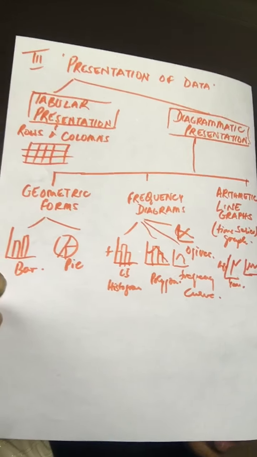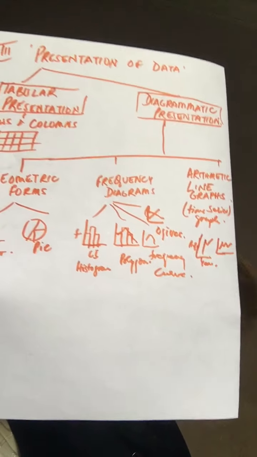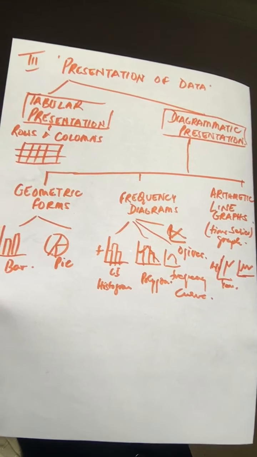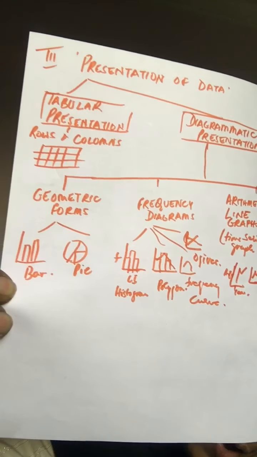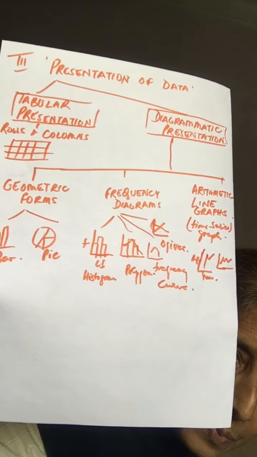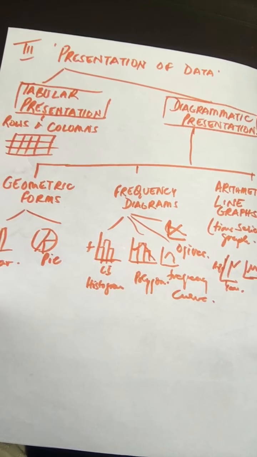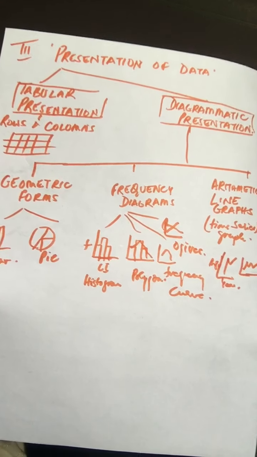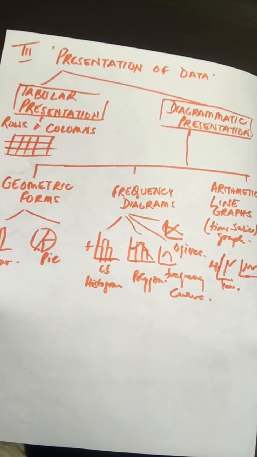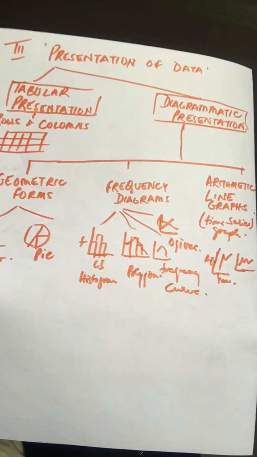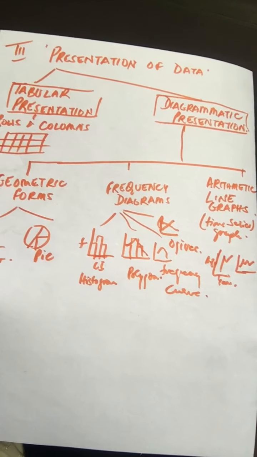And of course we have the arithmetic line graphs, like time series line graphs. This is all presentation of data, and if we use it when presenting any research report, it becomes easy to understand and comprehend. That's why presentation of data becomes so important.